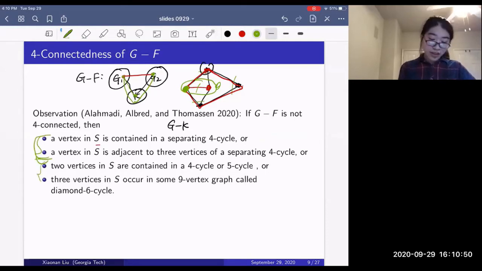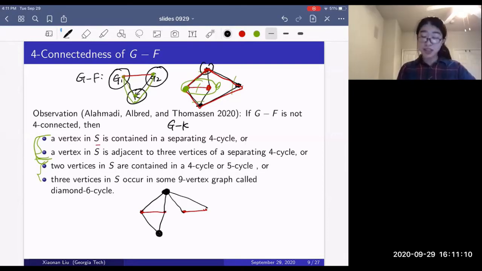So for the last 2 cases, if we have two such red edges, first we know that these common neighbors are contained in K. So if this is E1 and this is E2, and they have the same common neighbors like this, then we know that 2 vertices in S are contained in a 4-cycle.